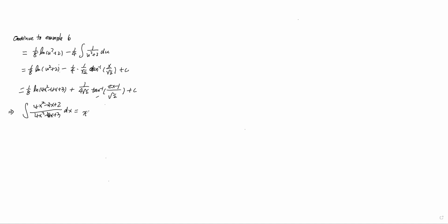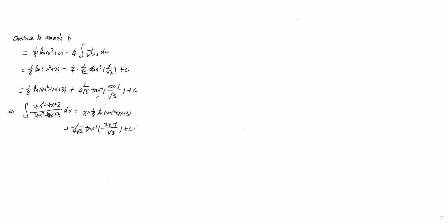The integral is x plus 1/8 ln(4x squared minus 4x plus 3) plus 1/(4 square root of 2) times inverse tangent of (2x minus 2)/(square root of 2) plus c. Okay, so that's the final solution.